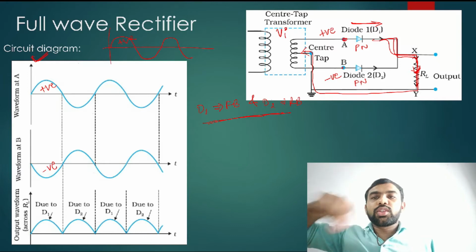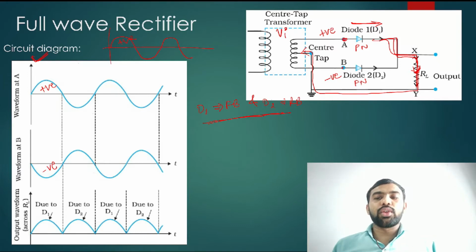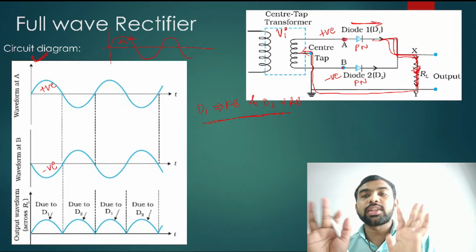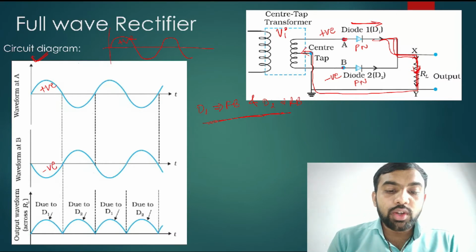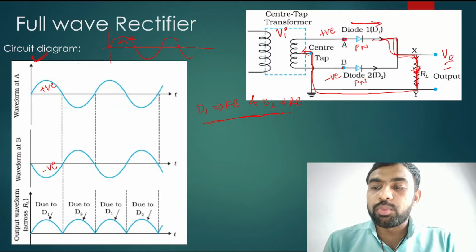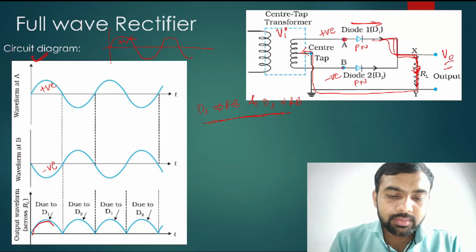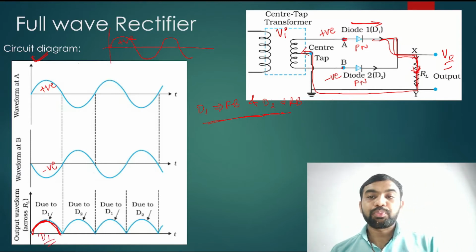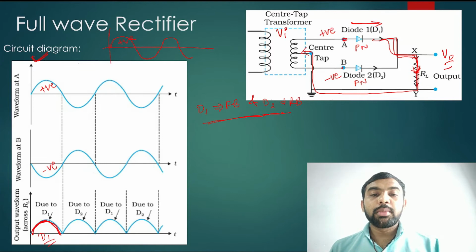The circuit is closed and current is flowing through it, through diode 1. So what is the output voltage? V output is like this. Current is allowed through the diode, positive, and it passes through diode D1.